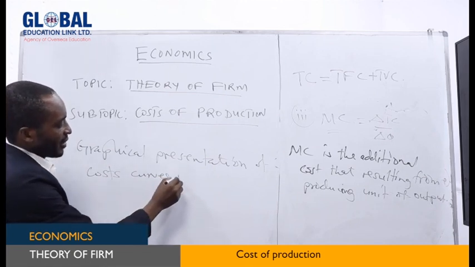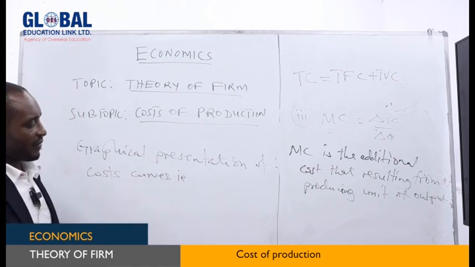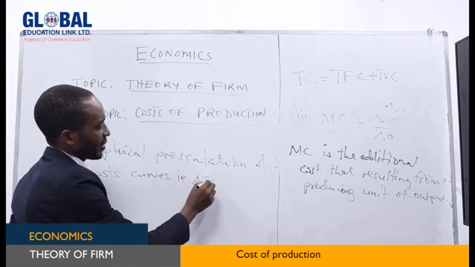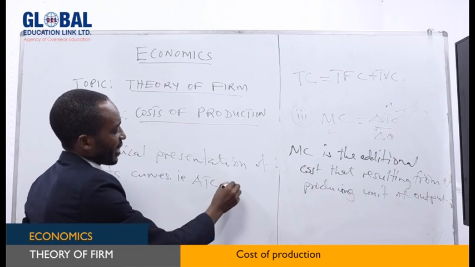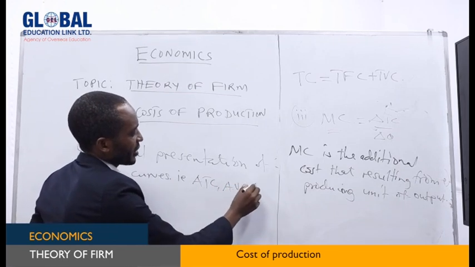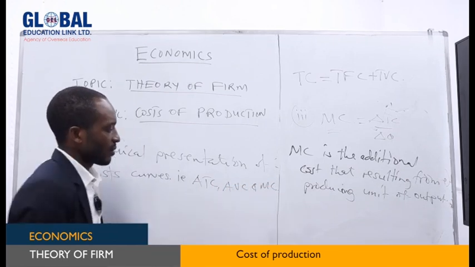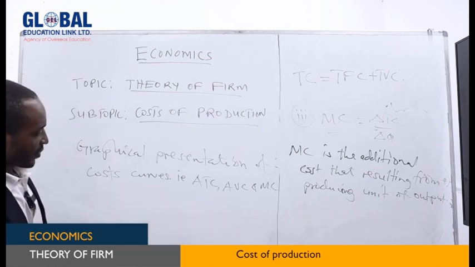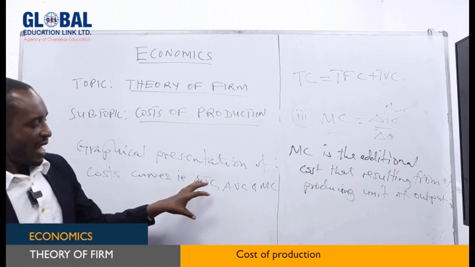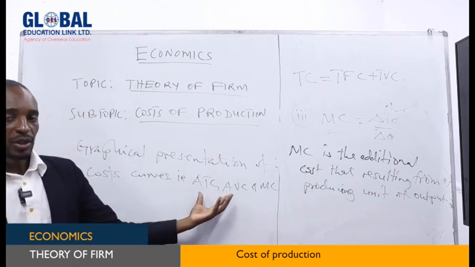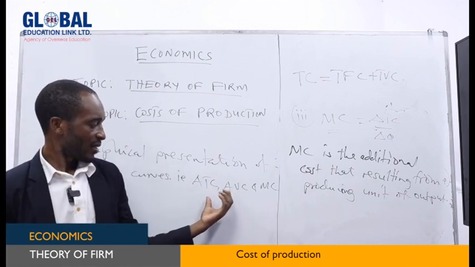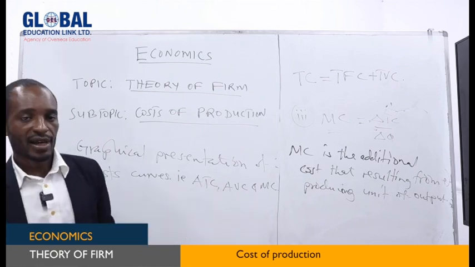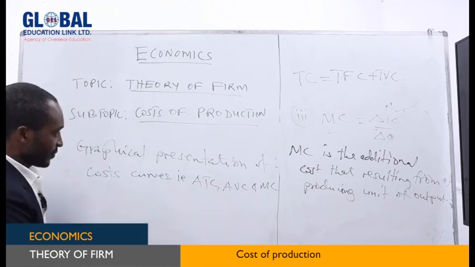So the curves we are going to show graphically are average total cost, average variable cost, and marginal cost. Now let us see how we can draw these costs on our graph.